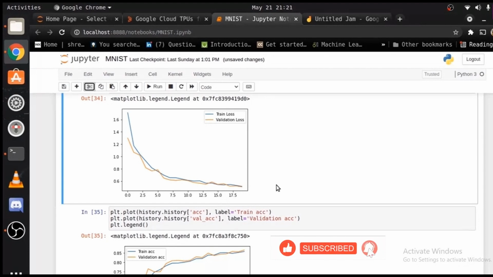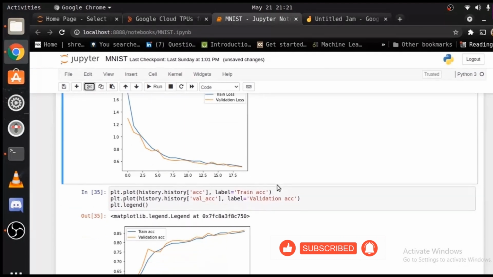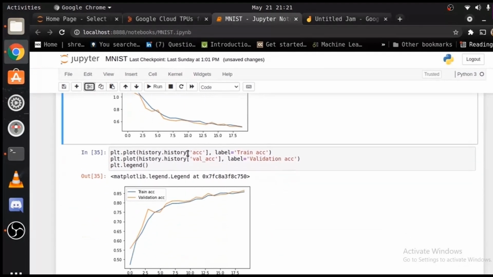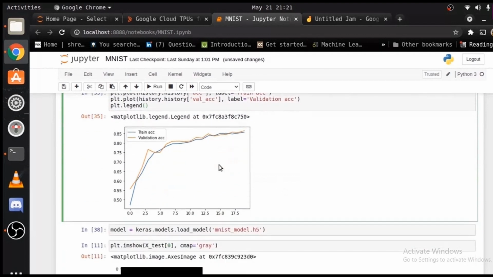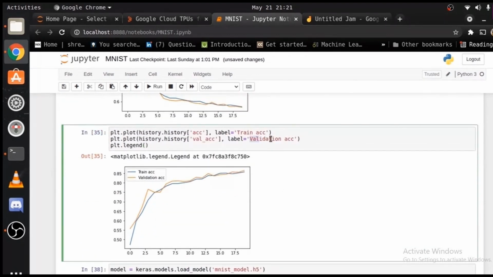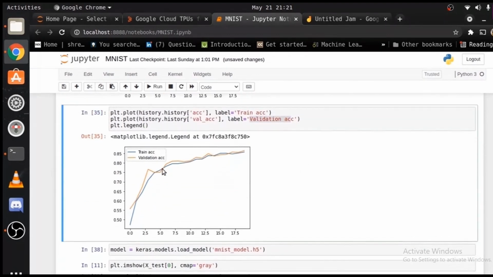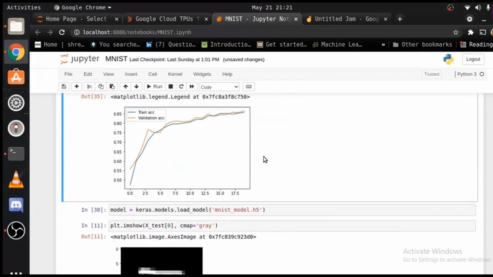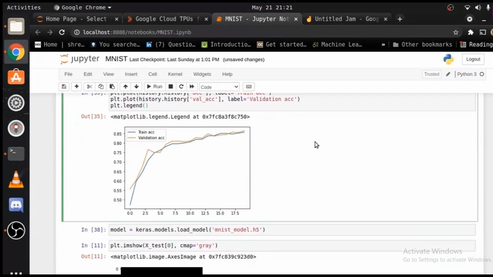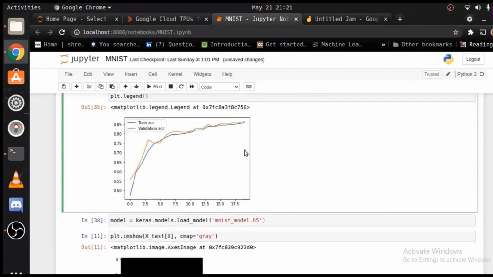That means it is neither underperforming nor overperforming. The same way we can plot the accuracy. So we have training accuracy and validation accuracy and you can see here this is very close to each other. That means this is neither a very great big loss nor is it a very small loss.